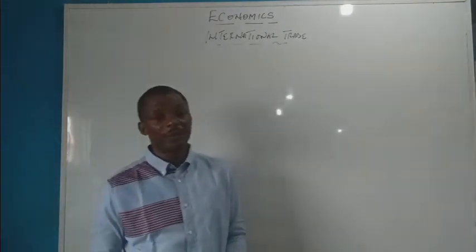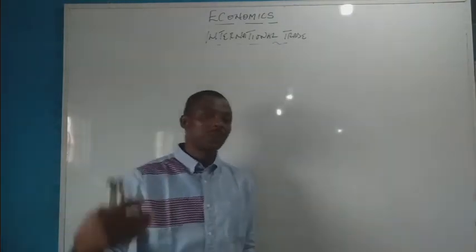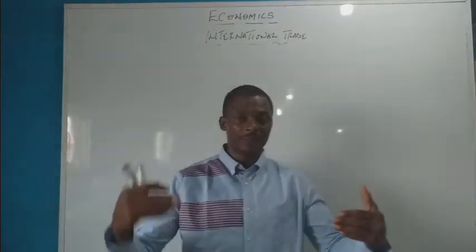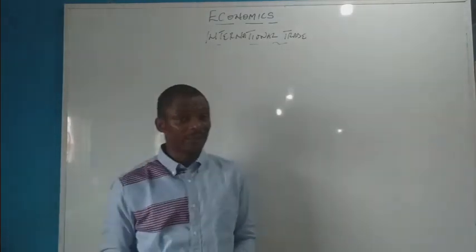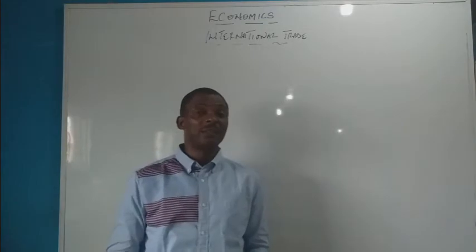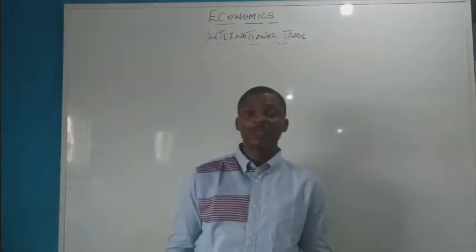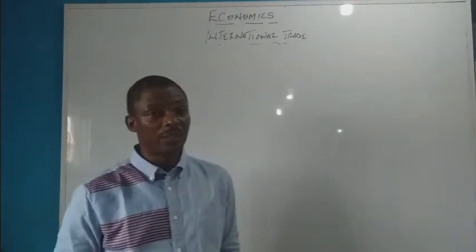And what is balance of payment deficit? When the importation is greater than the exportation. When the receipts are less than the payments. I mean, the payment is greater than the receipts. It has led to balance of payment deficit, and that has caused a lot of problems associated with international trade.